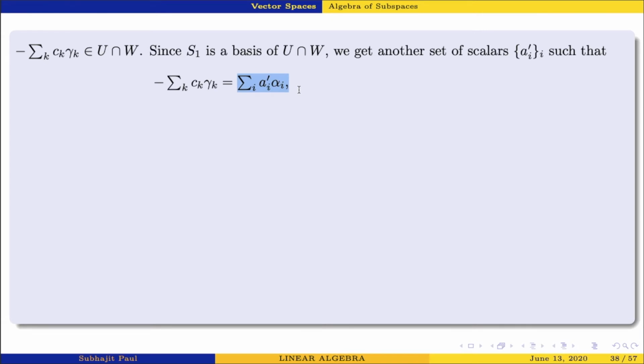We started with S1 as the basis of U intersection W, so this vector, since it is in the intersection of both U and W, must be expressible as a linear combination of the vectors from S1, that is the sum of ai dashed alpha i. Now by a change of sides, the sum over i of ai dashed alpha i plus the sum over k of ck gamma k is equal to the null vector theta.